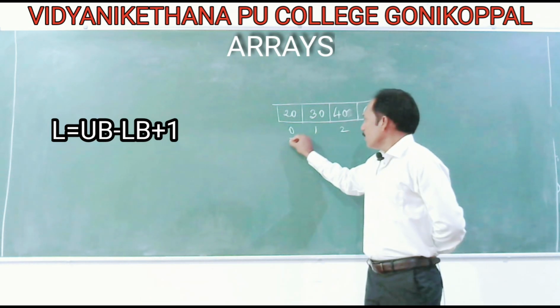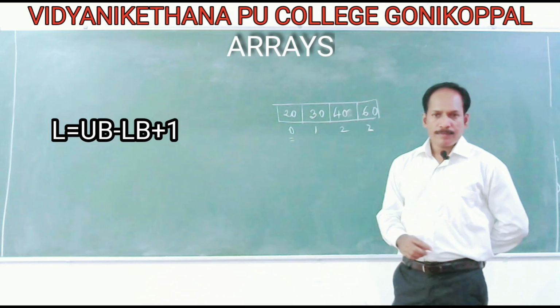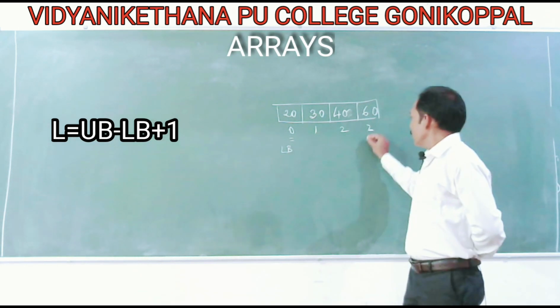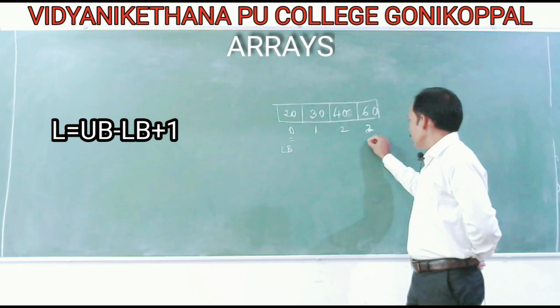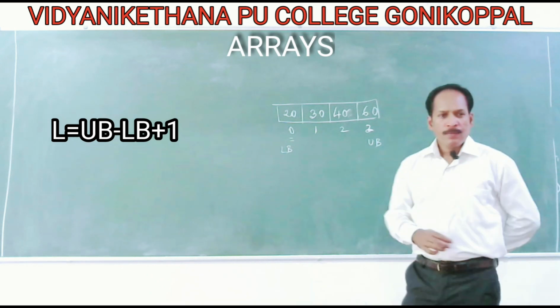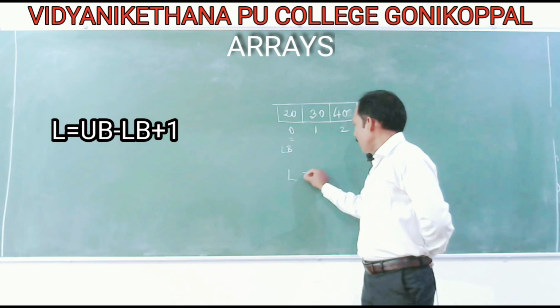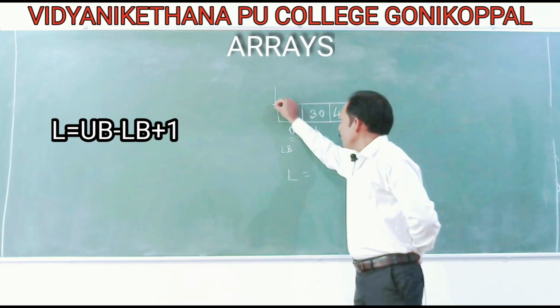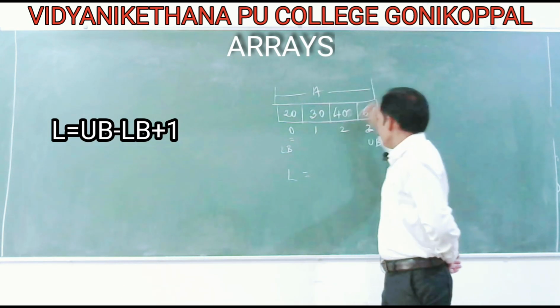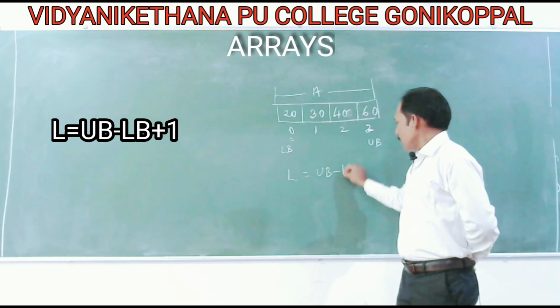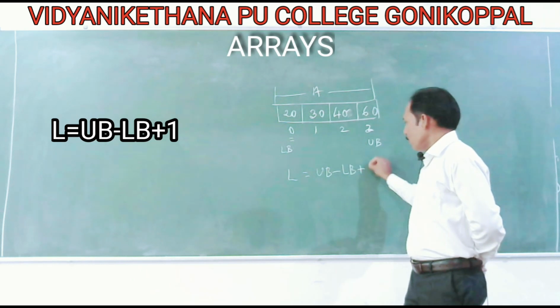It is the smallest index, that is the lower bound. What is UB? The highest index, that is the upper bound. So what is the length of this array A? The length of array A will be UB minus LB plus 1.